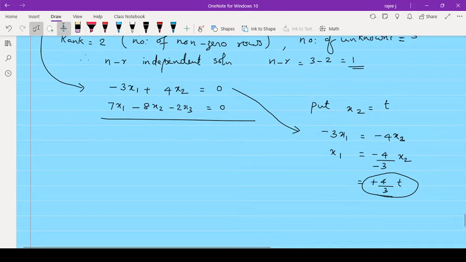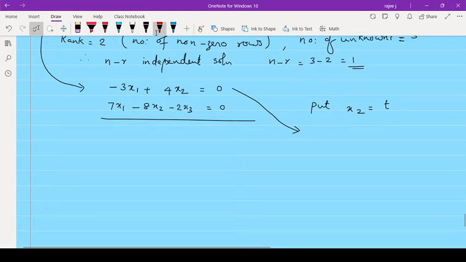I do not like to keep the fraction, so I can take the value of x2 or x1 as something good, where there is no fraction. Suppose I take x2 as 3t. Therefore here minus 3x1 is minus 4x2.